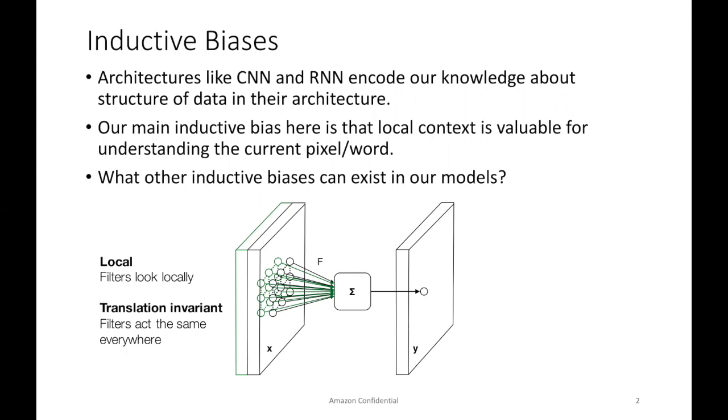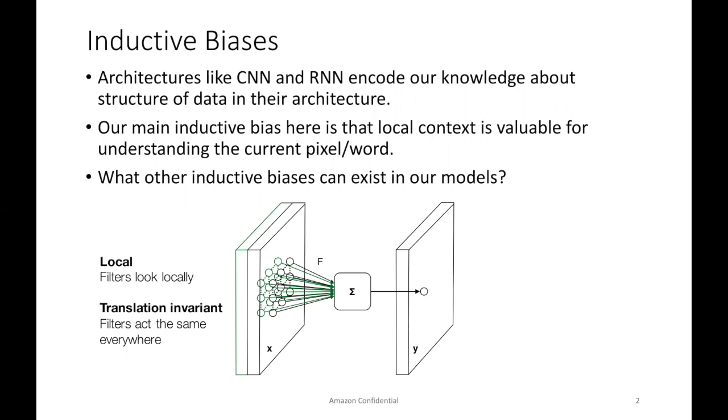In the case of recurrent neural networks, we assume that any data that came just before the current time step, or any data that comes right after it, is more important for making a decision at this point in time.